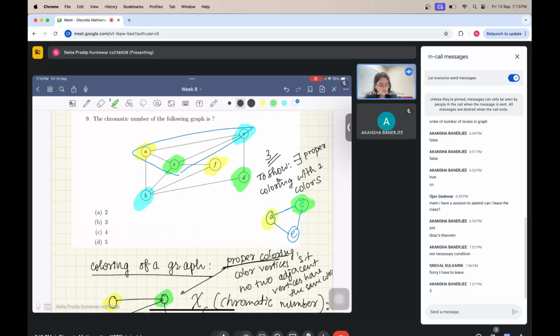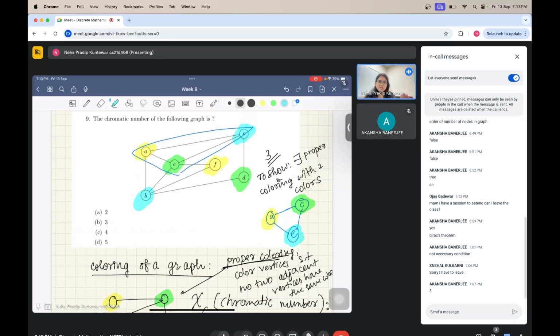Therefore you have to choose a second color, say green for now. Now you can't color E with A's color and you can't color E with C's color, so you have to take another color. So essentially you have a clique here of size 3, therefore you need more than 2 colors.